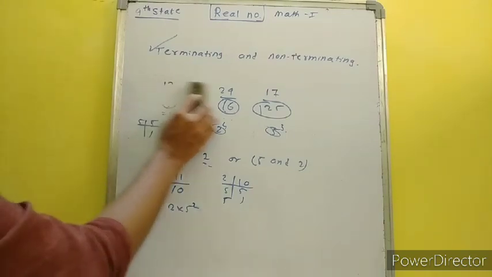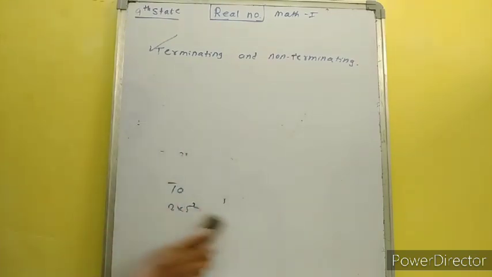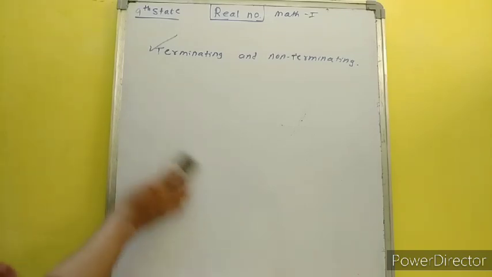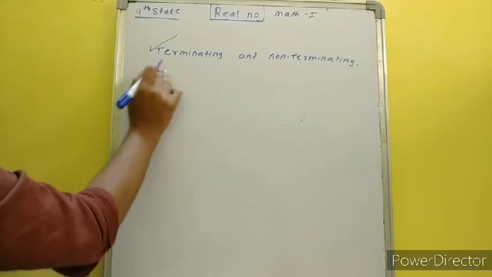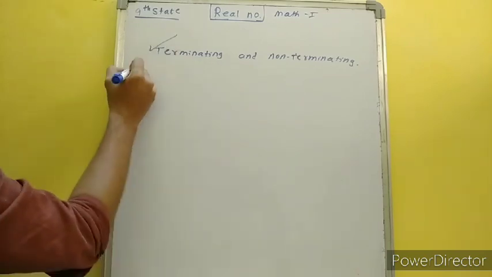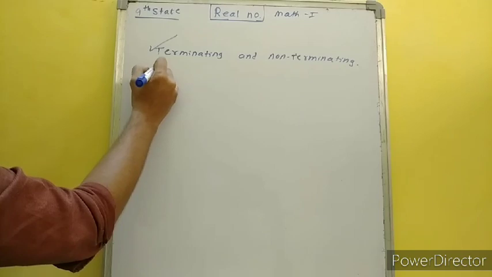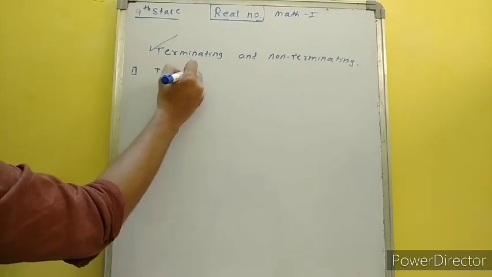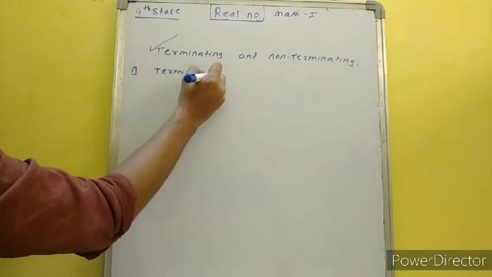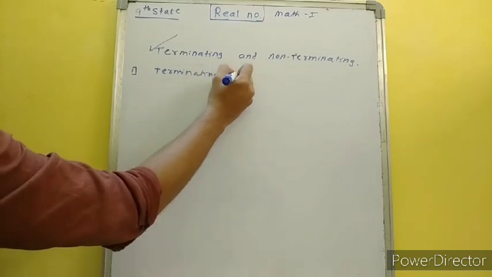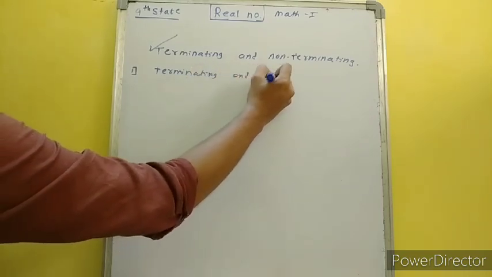So the very first question of practice set 2.1 of the real numbers is: classify as terminating and non-terminating.